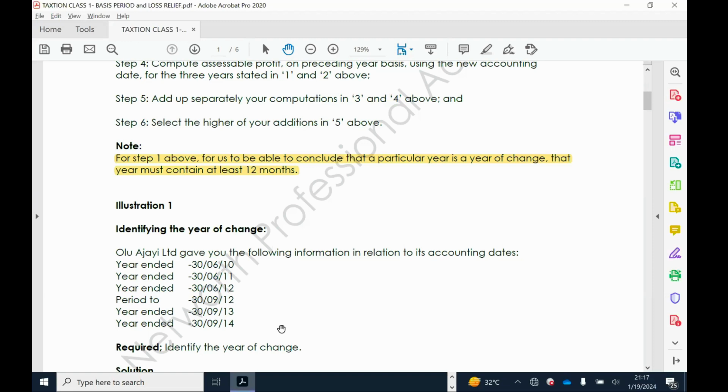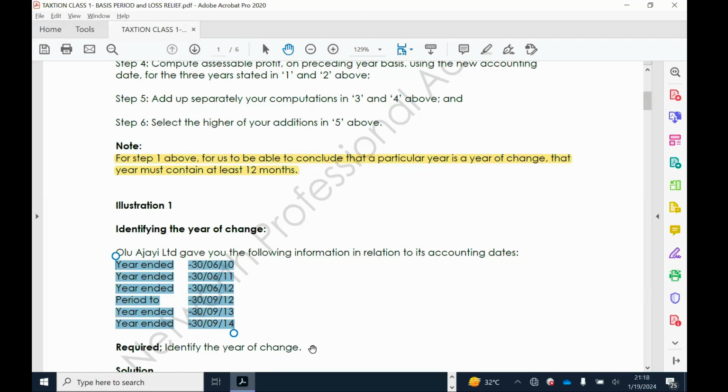I wanted us to understand that first before we move to the other part of the question. If they ask you a question on change in accounting dates, they will normally give you something like this, and they will expect you to identify the year that the change occurred, and then build on that to find the appropriate assessable profits.